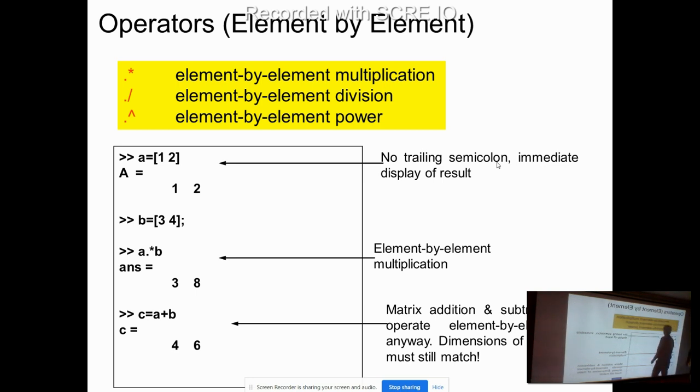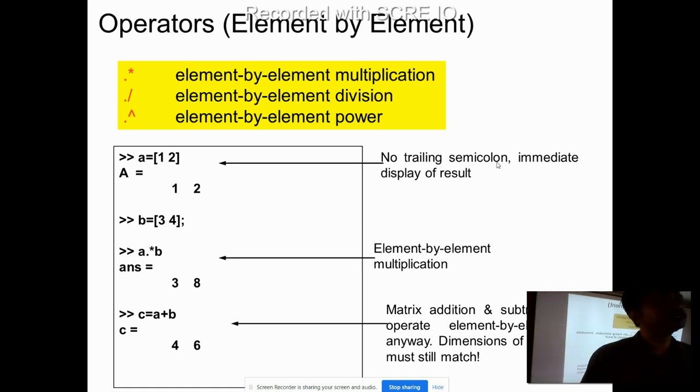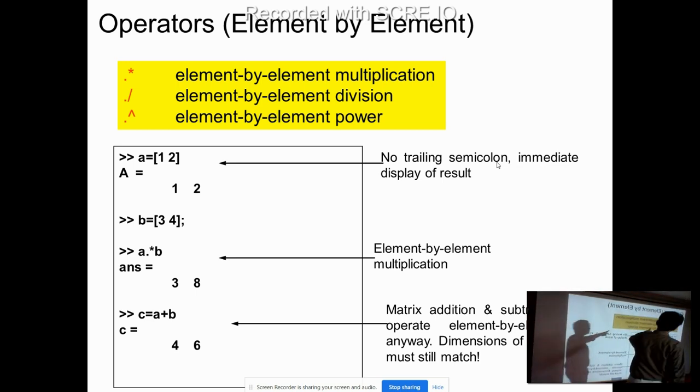Dot operator before the main operator will give you element to element manipulations. Same I can use for division also. Use the dot operator before division, which will give you element to element division, corresponding elements division.